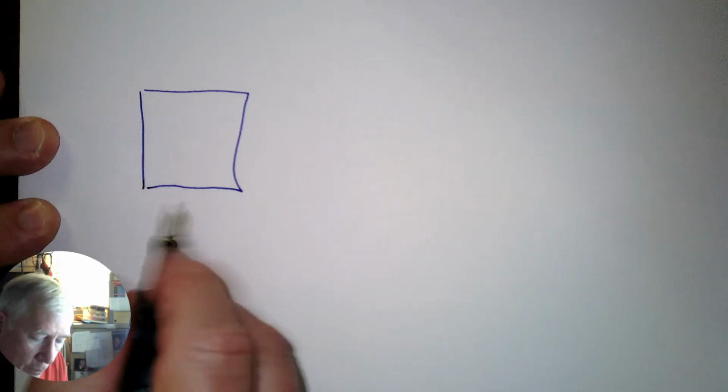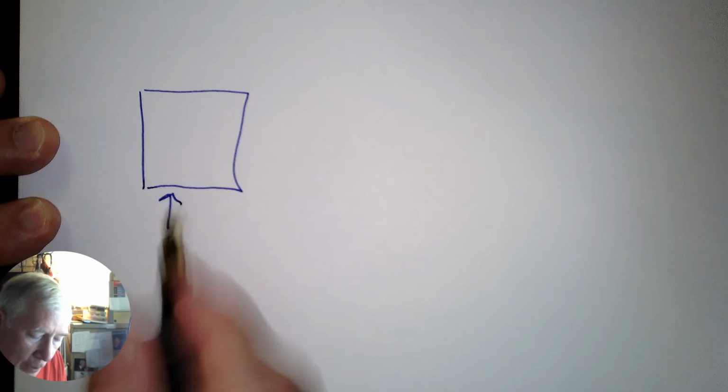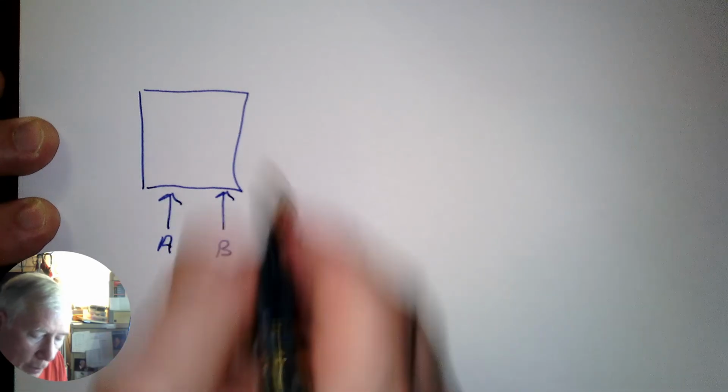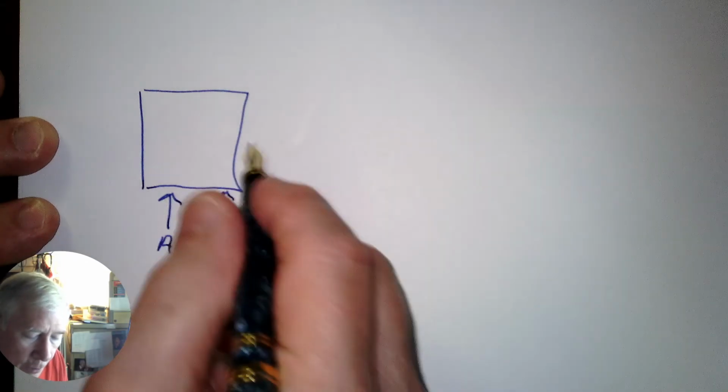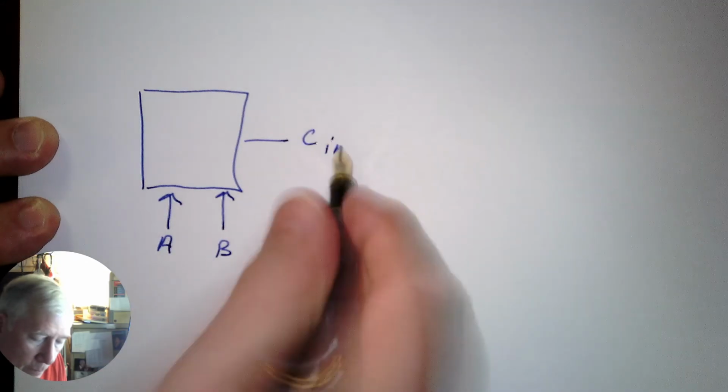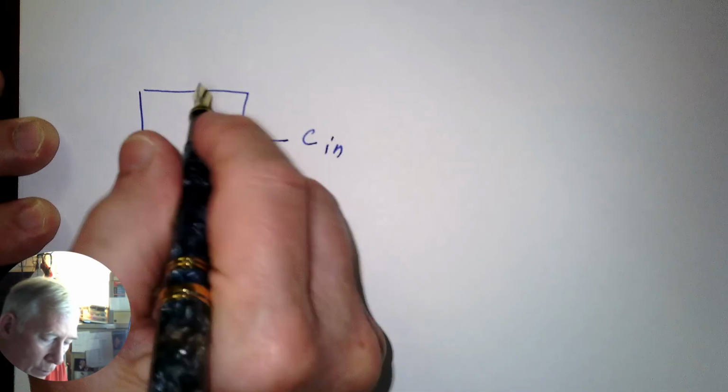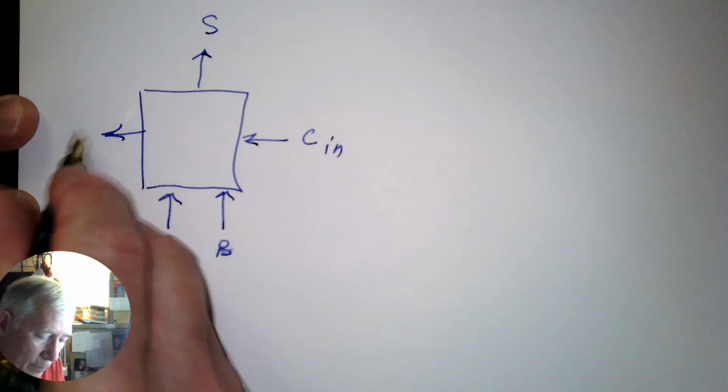And here's what a 1-bit adder looks like. You put in 1 bit of A, you put in 1 bit of B, and you put in a carry in, and you get out 1 bit of sum, and you get a carry out.